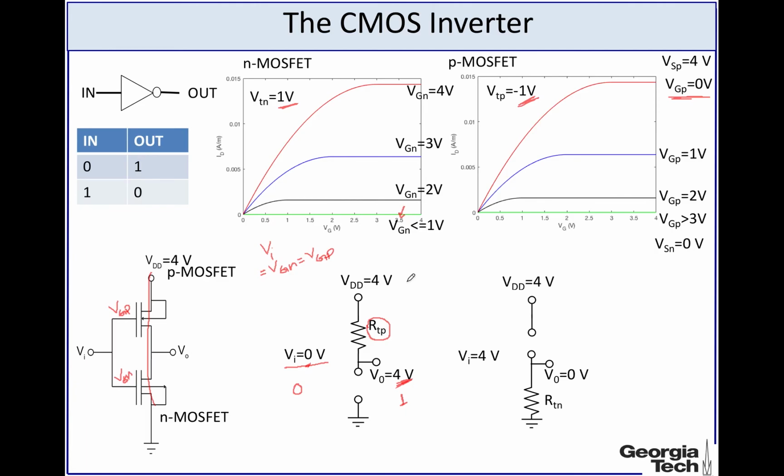The output voltage is pulled up to VDD, and as a result the p-type transistor is also called the pull-up transistor.